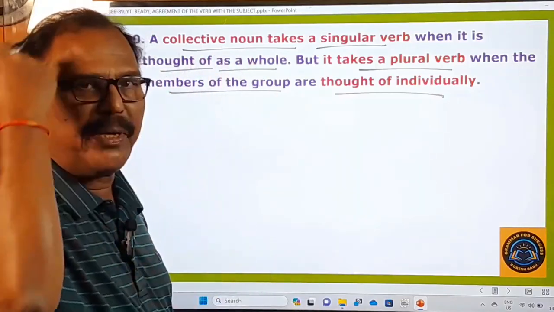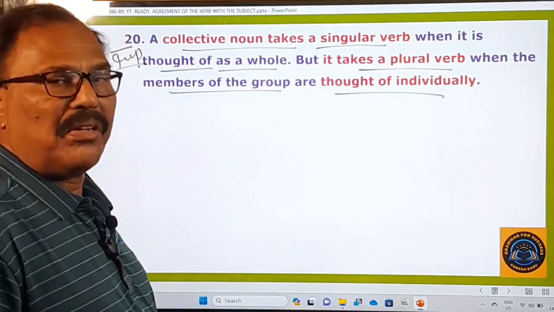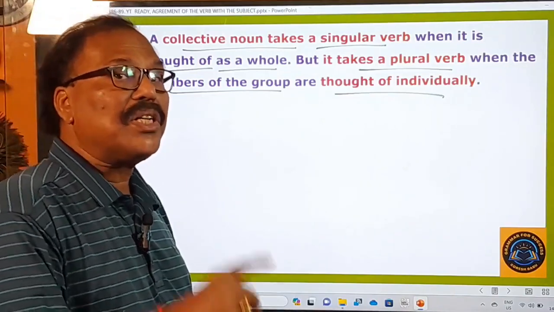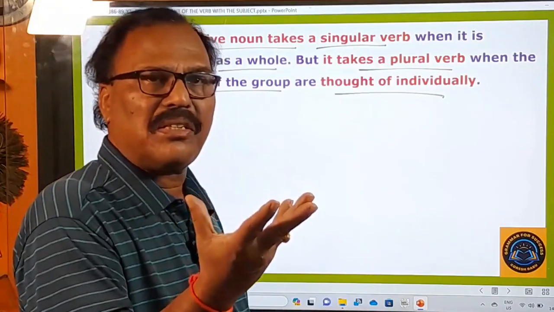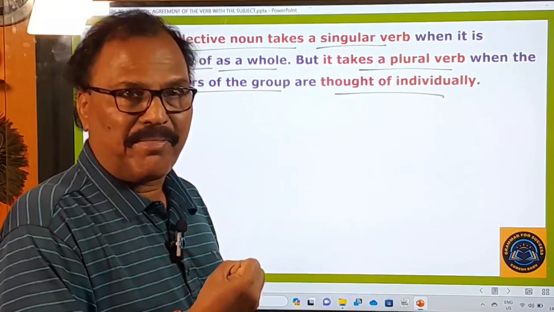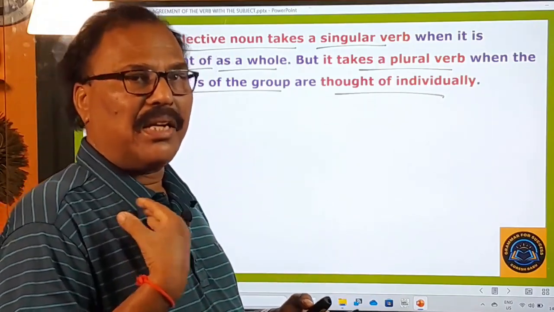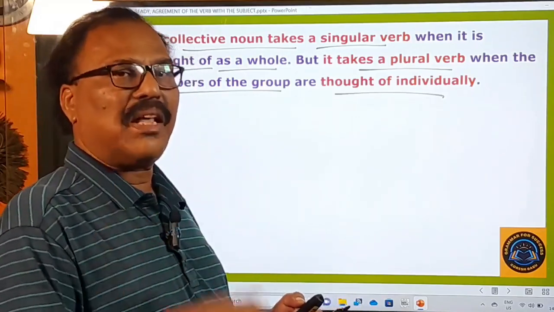Automatically all the rules will be recorded in your mind, and they are always useful and helpful, not only for your competitive examinations, even for teaching your students. If at all you happen to be a teacher, you can teach your students all these things, but you must work very hard. You must learn all of them first of all. I learned all these rules because my father was a teacher. He taught me all this grammar when I was in the 7th class or 8th class itself.